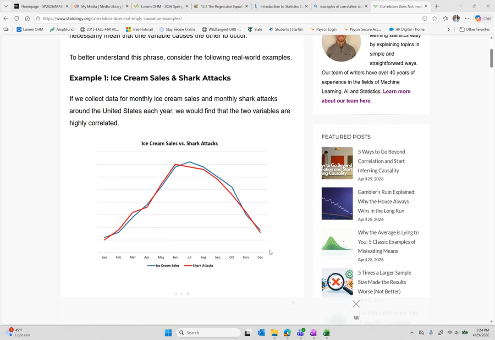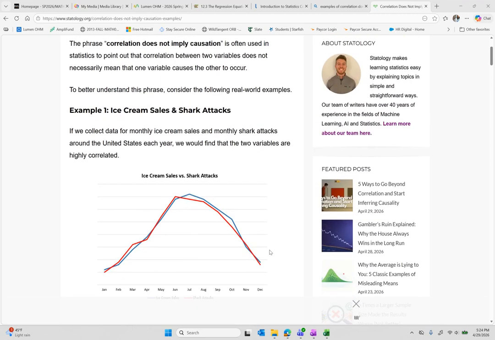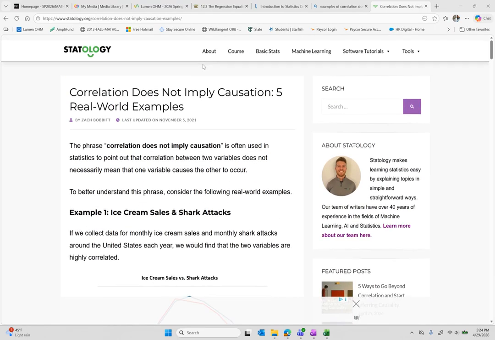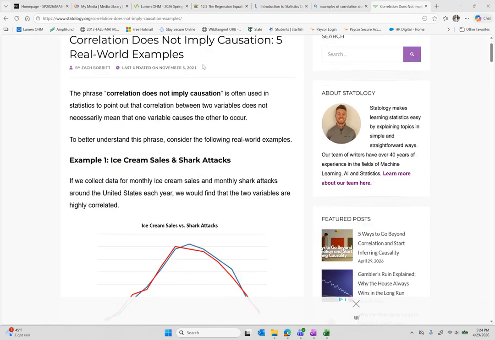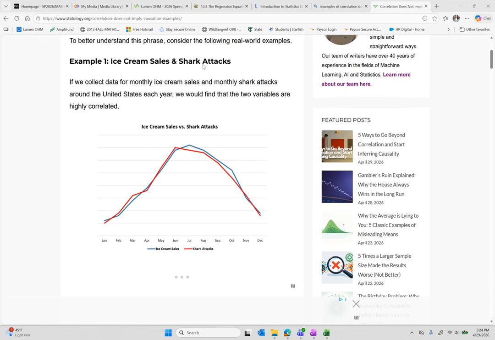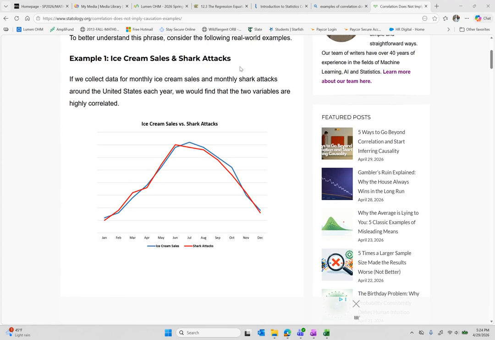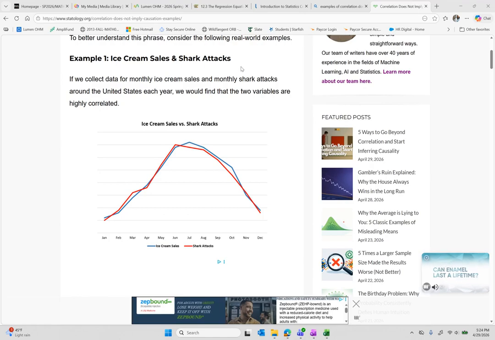To demonstrate an example of correlation and causation, I searched online for the phrase correlation does not imply causation, and I found this example from stratology.org. If we collect data for monthly ice cream sales and monthly shark attacks around the United States each year, we would find that the two variables are highly correlated.